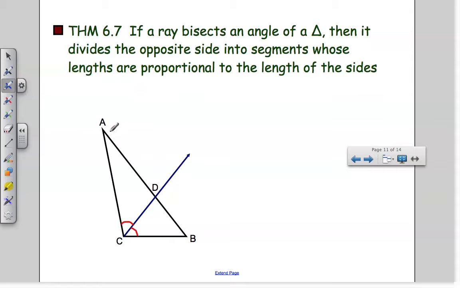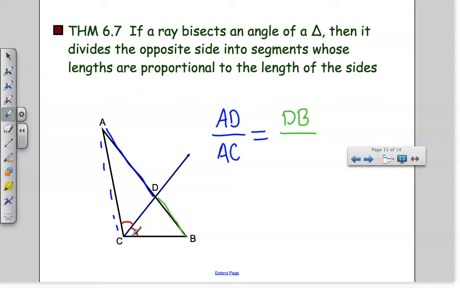So if I want to look at the portion of that side AD where it was split by the angle bisector, I would compare that to the side nearest to it, which is side AC. And that ratio is going to be exactly identical to the other portion of the side where the angle bisector split, which is DB, compared to its side of the triangle it was nearest to, which is CB.